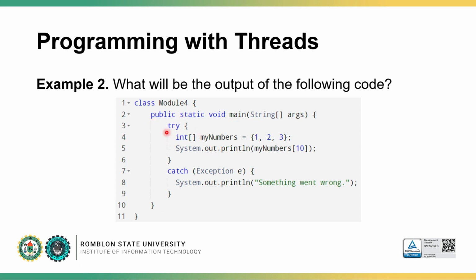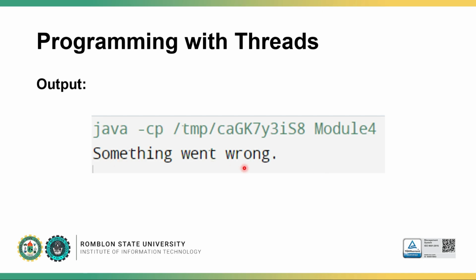First is the try, and then we add the block of code, the same code. Then we write a catch statement. Whenever there is an error, the catch block of code will run. So from the try block, it will automatically go to the catch.